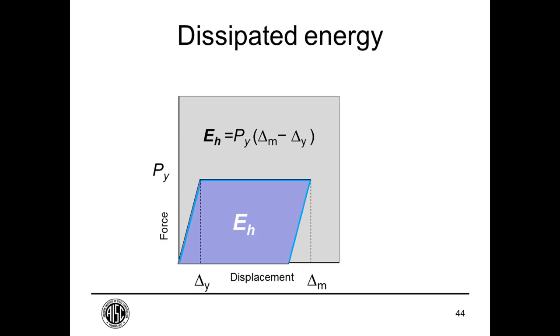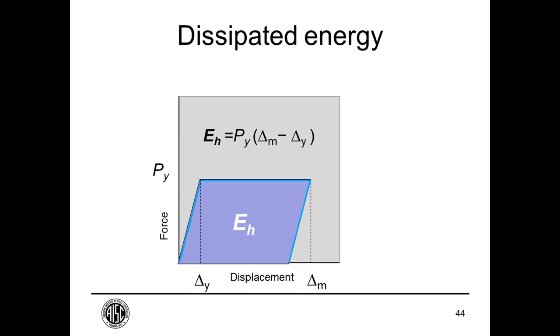There is an area under the curve, and that area is in units of energy, and it does represent hysteretic energy. That is energy that is not returned to the system, but goes into, say, heating the steel or somewhere else that doesn't result in more acceleration or strain energy in the structure.